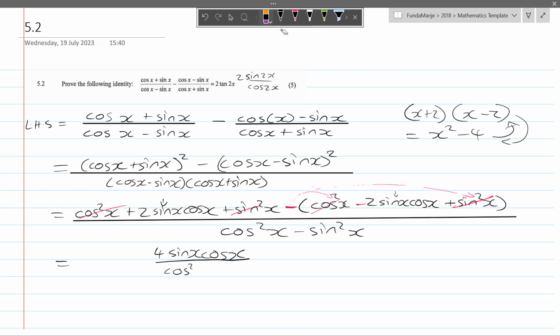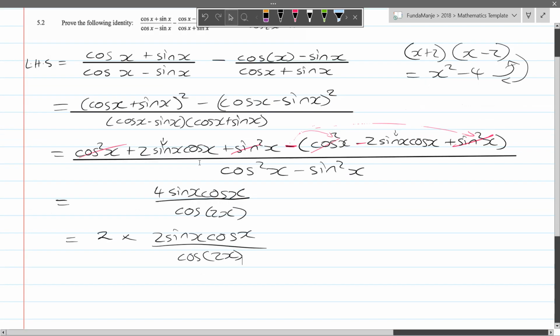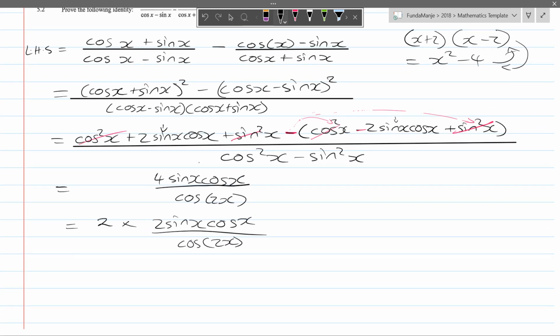Actually, we can replace cos squared x minus sine squared x with cos 2x. Then what I'd like to do for my next step is I'd like to write 4 sine x cos x as 2 times 2 sine x cos x. In case it wasn't visible before, this is an identity on the top part for the double angle of sine.